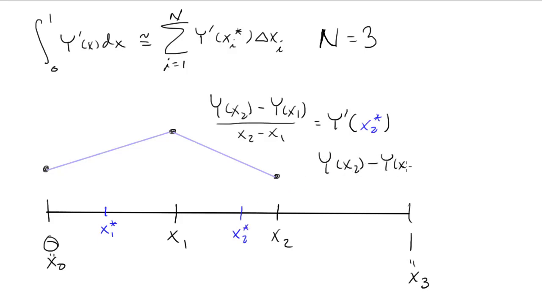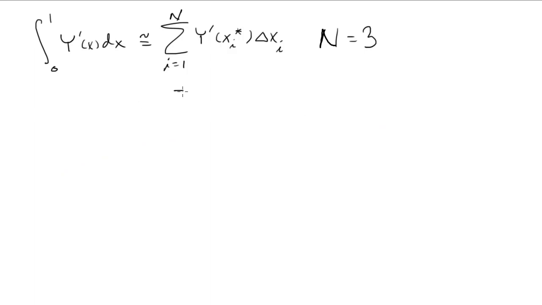Y(x2) minus Y(x1) is my Riemann sum rectangle. And the same for the third element and so on. Expanding the summation notation, I'm adding 3 terms. i equals 1, i equals 2, i equals 3.